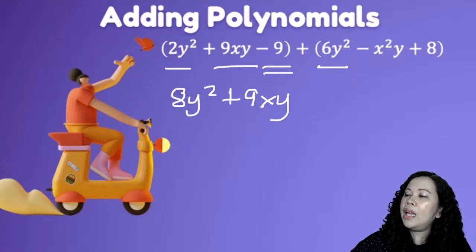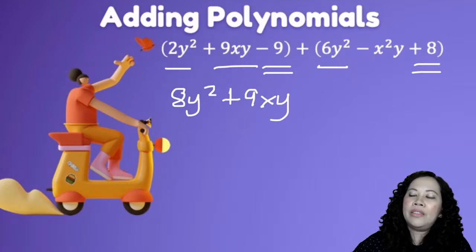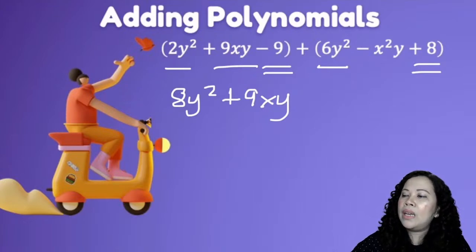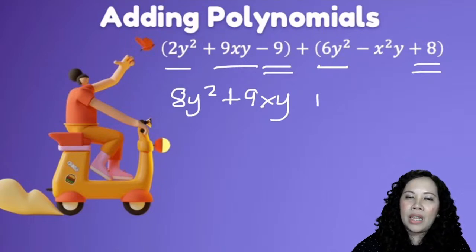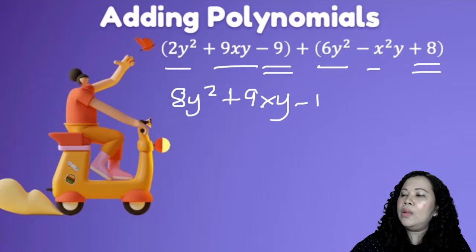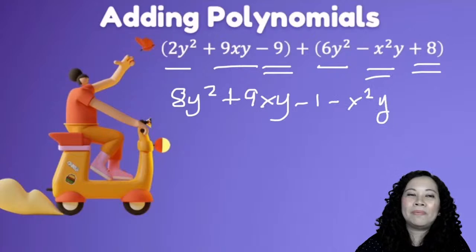Negative 9 and positive 8, so we add negative 9 plus 8. Since different signs, we will subtract. That will be 9 minus 8 is 1, and since 9 has the bigger value and it is negative, therefore it's negative 1. And then we copy negative x squared y.